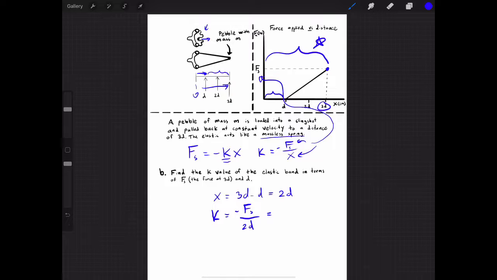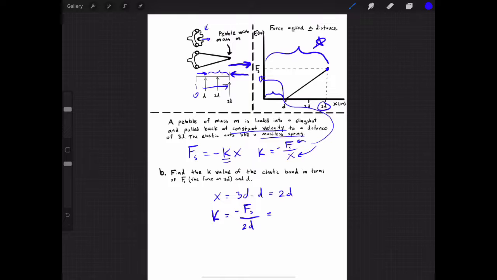Now, let's think about it. F3 is the force that is applied on our little pebble, so that's pointing to the right. Now, the force of the spring is going to be equal and opposite. And we know that because it is going at constant velocity. We know that these forces are canceling each other out.